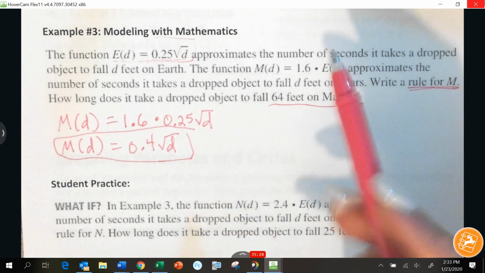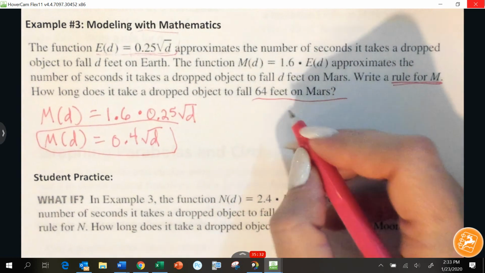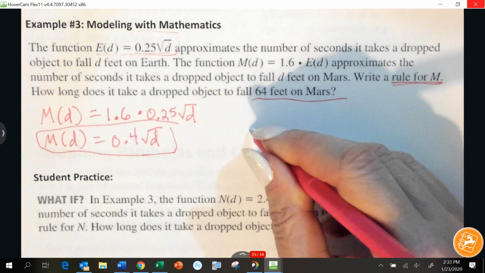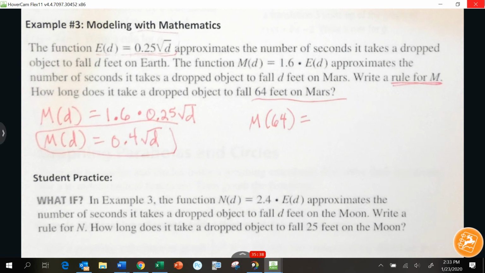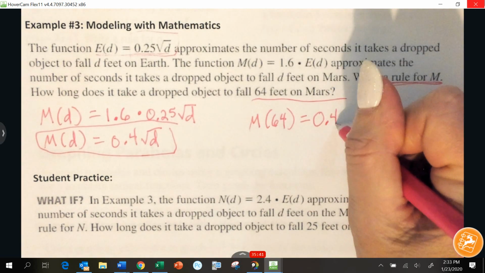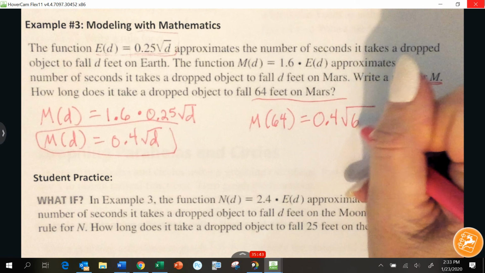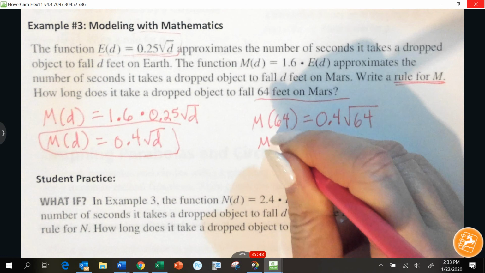Okay, then the second question says, how long will it take the dropped object to fall 64 feet on Mars? So now we're going to do the Mars function for 64. M of 64 equals 0.4 square root of 64.